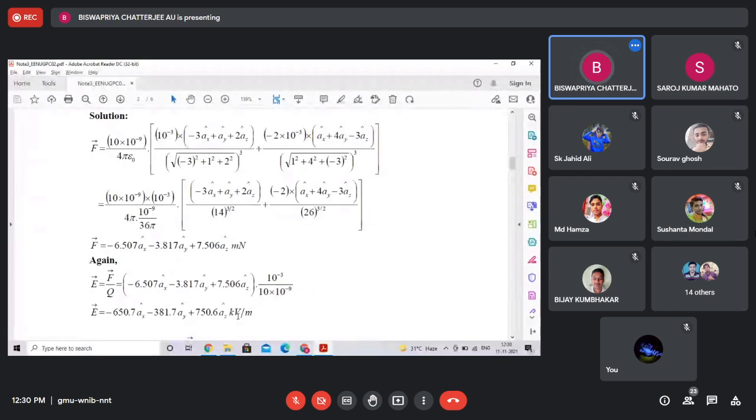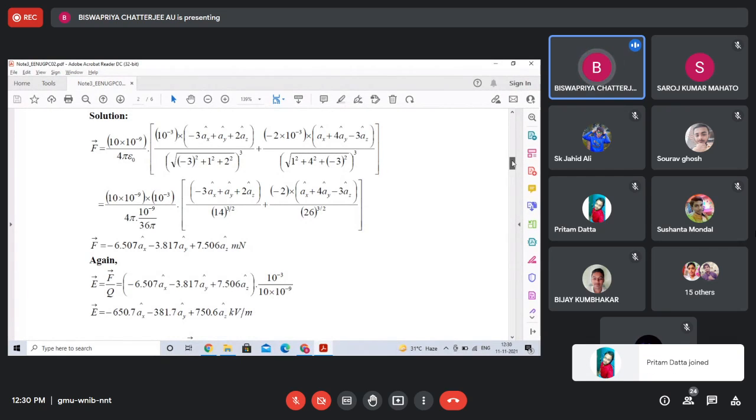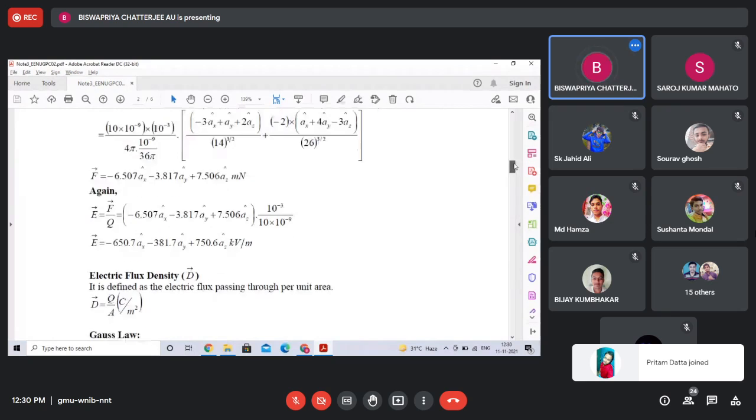I am not writing this anymore. So this is a problem for you on Coulomb's law and electric field intensity. If you have any doubt, please ask me.